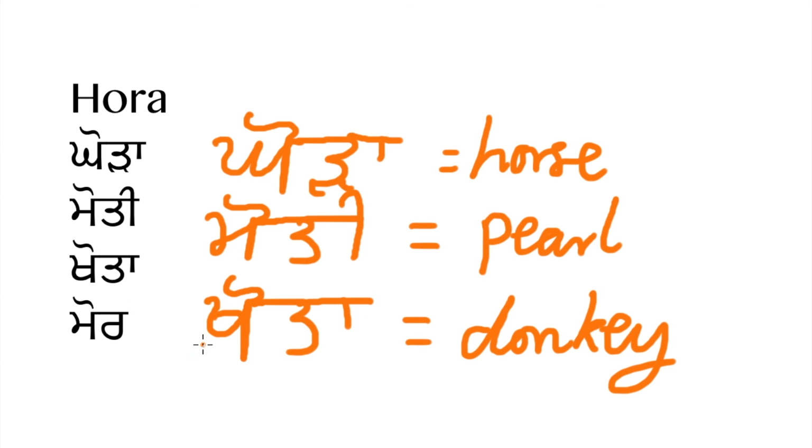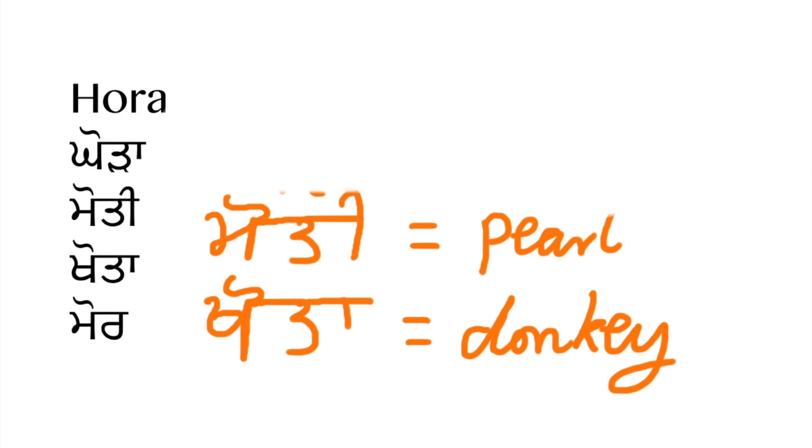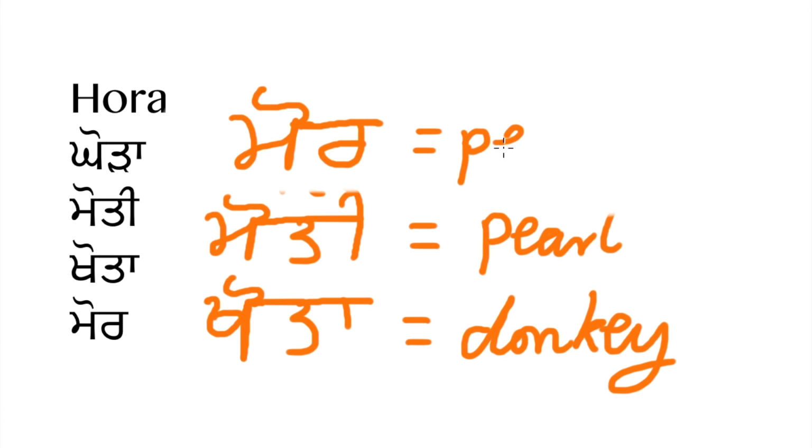Next, let me make some room, let me rub out horse. And we have a Mama with a Hora, and then a Rara, which gives us the word more. Now, more basically means peacock, the animal, peacock.